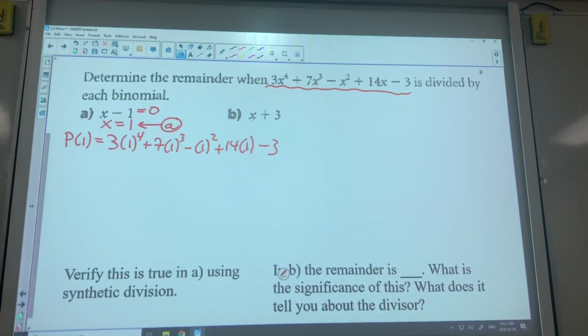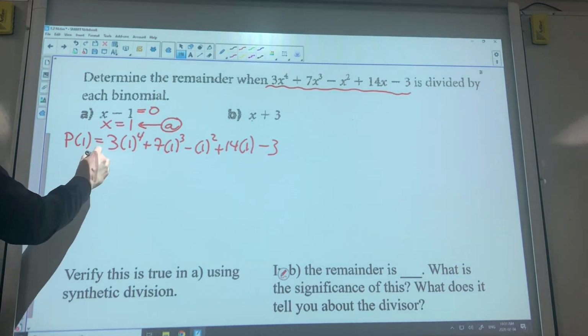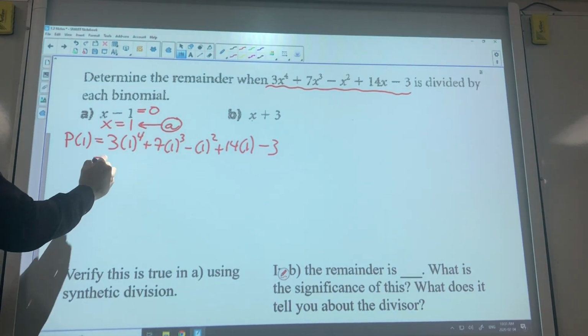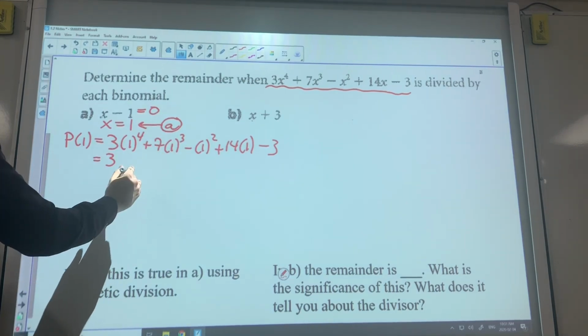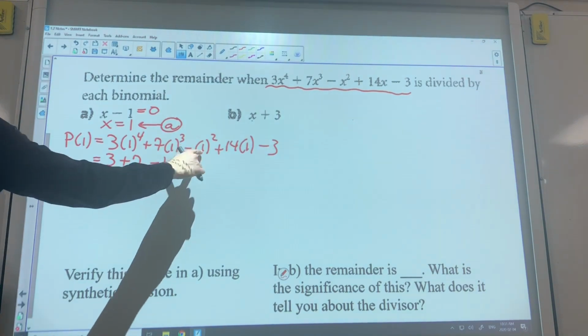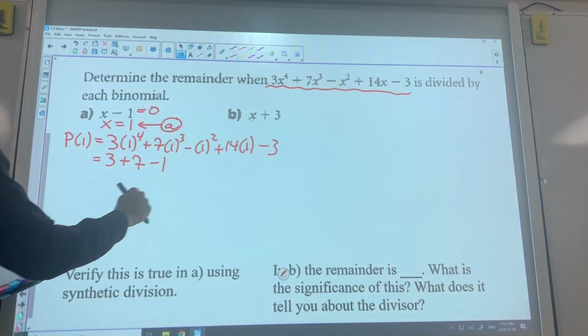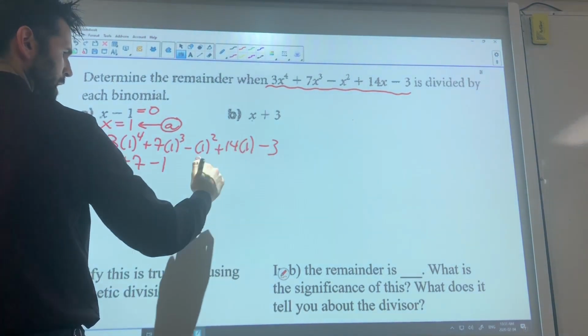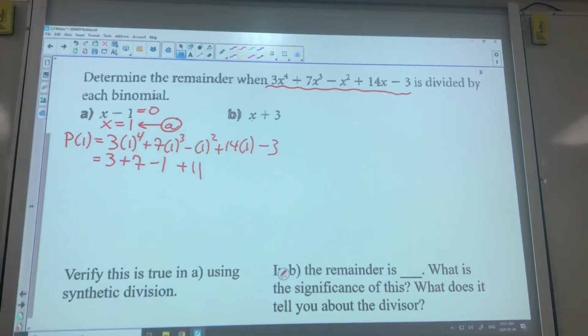There it is. Give you a moment maybe. So what do we get? 1 to the 4 is still just 1, so I get 3. 1 to the 3 is still just 1, so I just get 7. Now here, be careful, you subtract 1. 1 squared is 1, and then you have the subtraction in front. 14 times 1 minus 3 is 11.